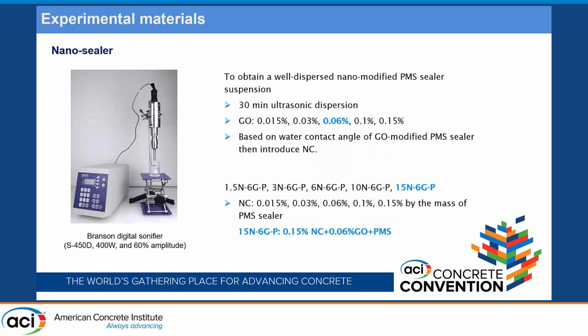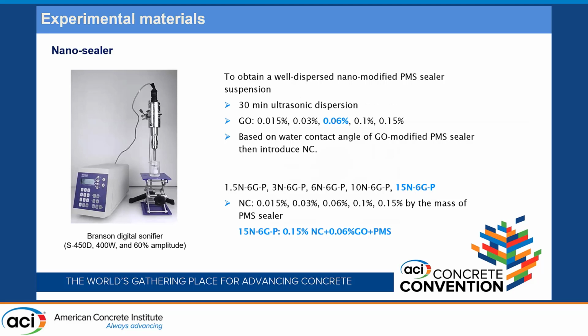The dispersion of nanomaterials is usually a problem. So to guarantee the good dispersion, we use this ultrasonic facility for 30 minutes to disperse the nanoclay and the graphene oxide in PMS sealer. First, we introduce different dosages of graphene oxide into this sealer, and then we test the water contact angle.